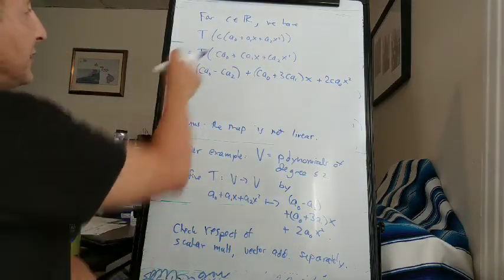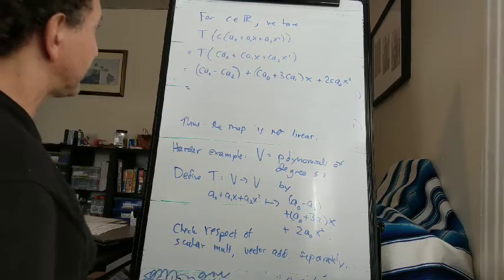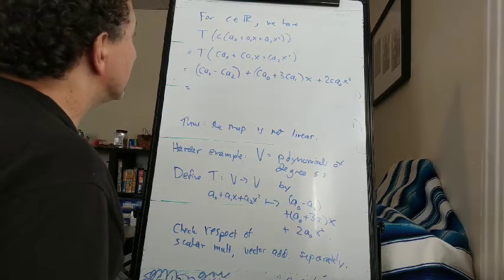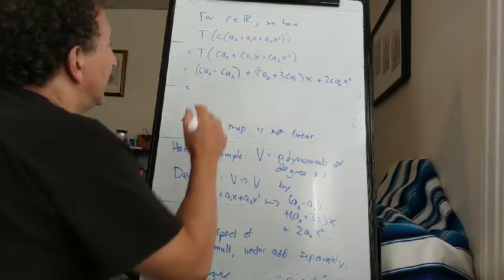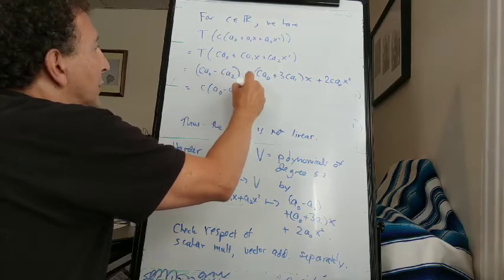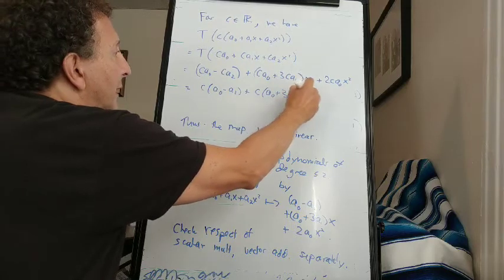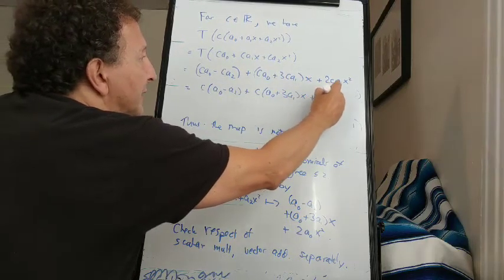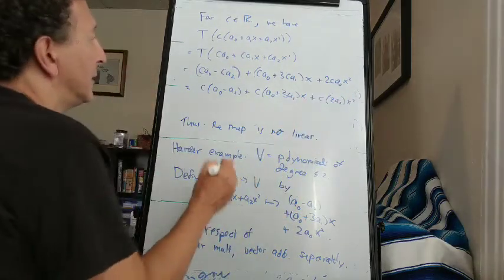Alright, so I'm wondering if this is c times the transformation applied to just the polynomial. Well, I can factor c out from everywhere. So this is c times a naught minus a2 plus c times a naught plus 3a1x plus c times 2a naught x squared.